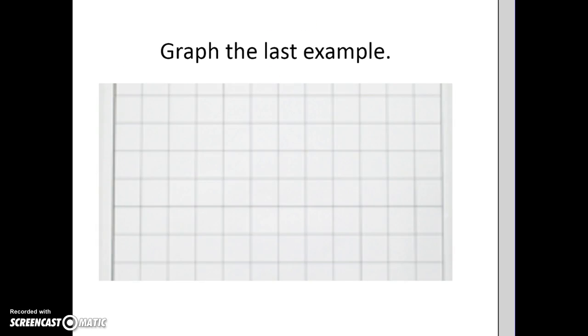We're going to graph that last example. We know that y equals 5x. So when we graph, of course, we need our m and our b, or in this case, m and k are the same. So my slope is 5.